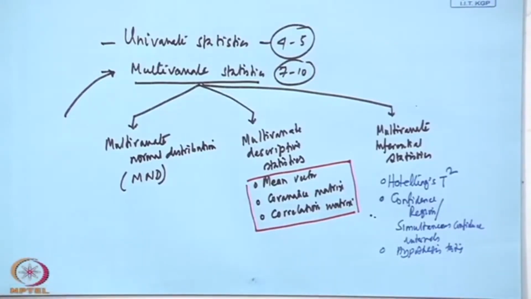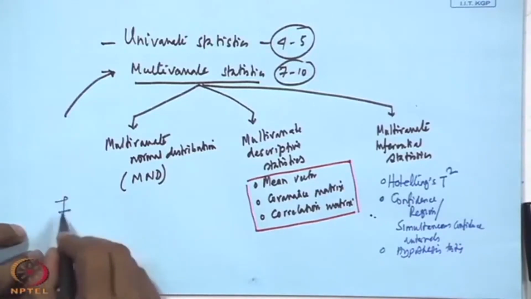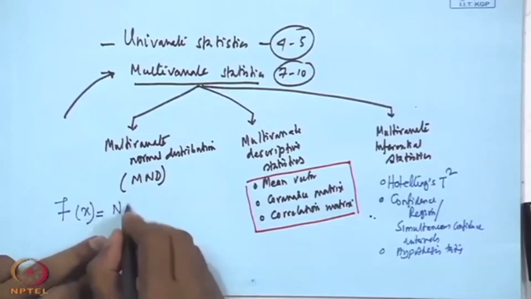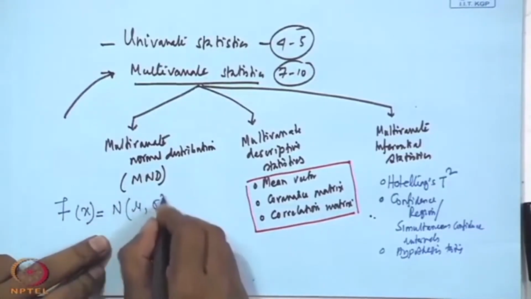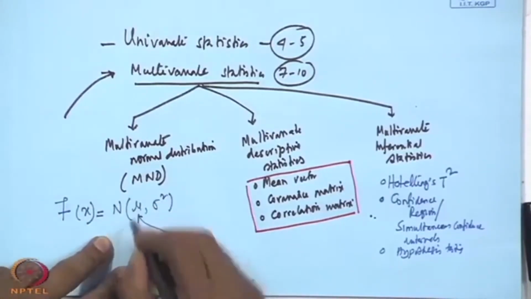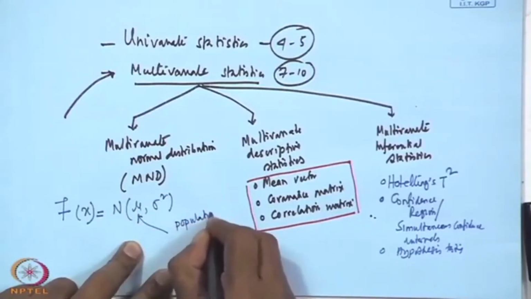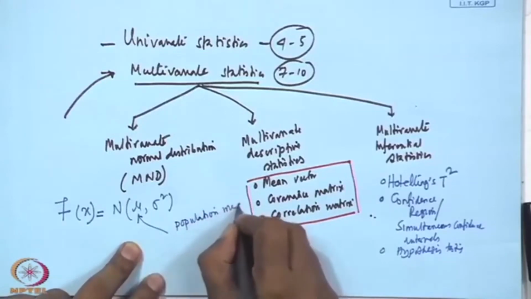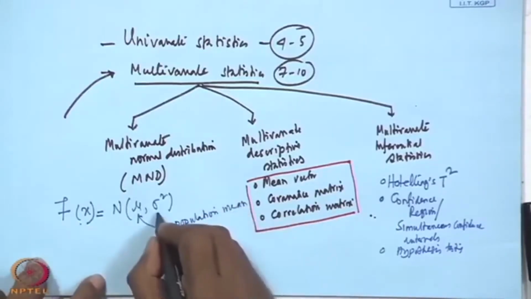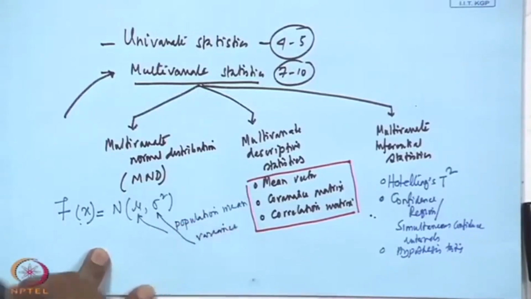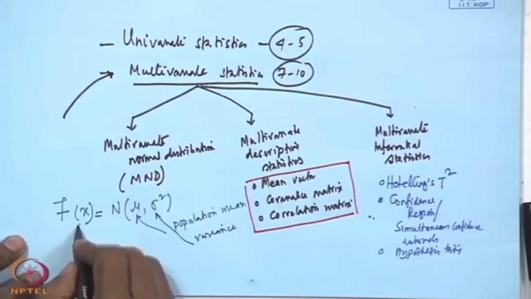And you will see later on, as I told you, that the multivariate normal distribution is the crux of the matter. The univariate normal distribution all of you know, and we will denote it as N(mu, sigma square), where mu is the population mean, the population being characterized by one variable x, and sigma square is the variance of the population with respect to x.